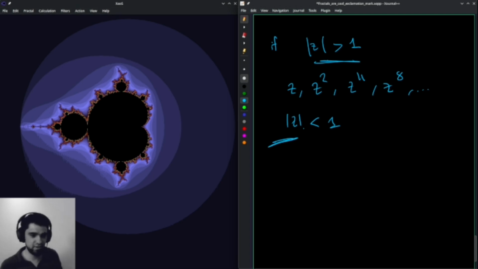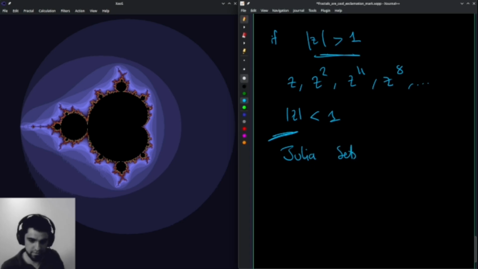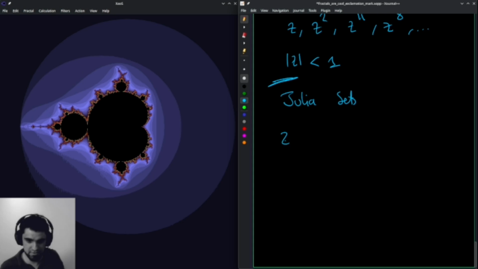So we have the Mandelbrot set. Can we do something similar that is also quite nice looking? And the answer is yes, we can use what are called Julia sets. The idea is that we still have Zn is equal to Zn minus 1 squared plus c, but now this c is constant.